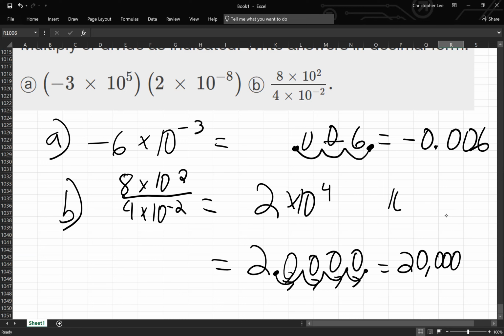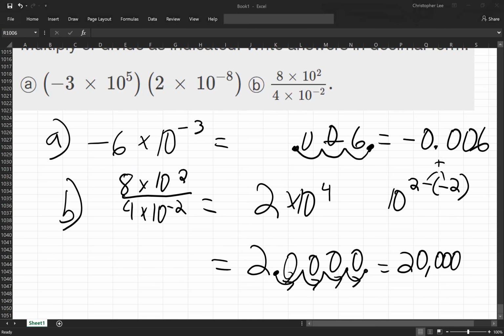I got 10 raised to the top minus the bottom. Right, and negative becomes positive. So 2 plus 2, 4. All right. Our homework shouldn't be harder than that. That's it in a nutshell. Multiply and divide.